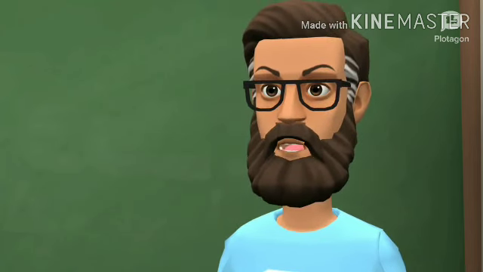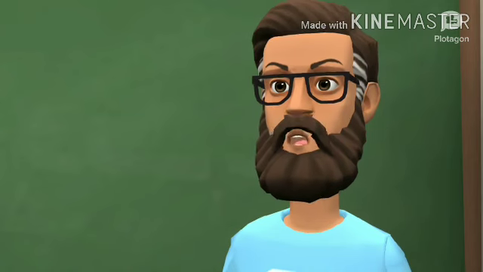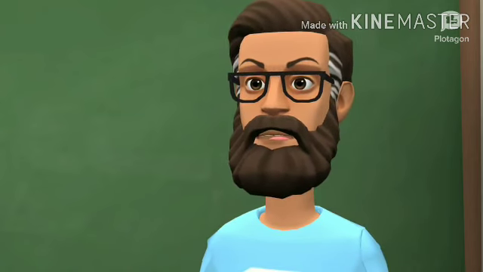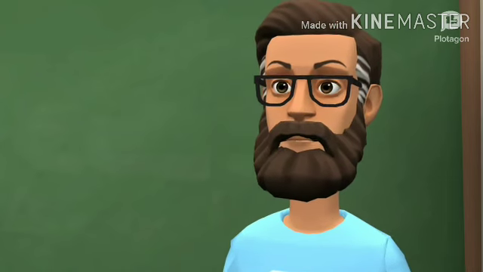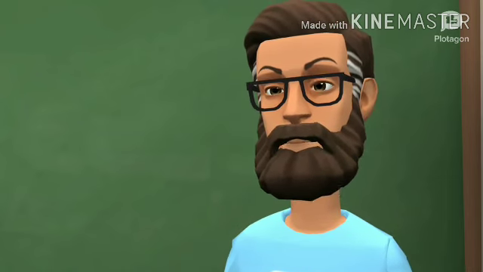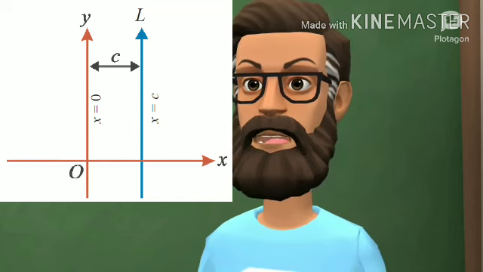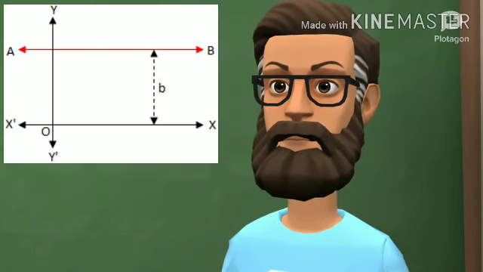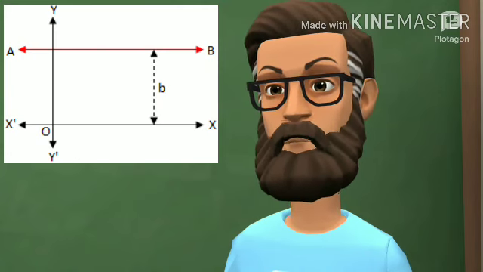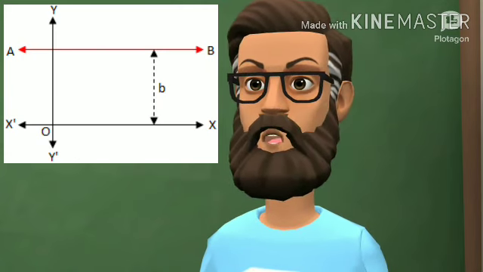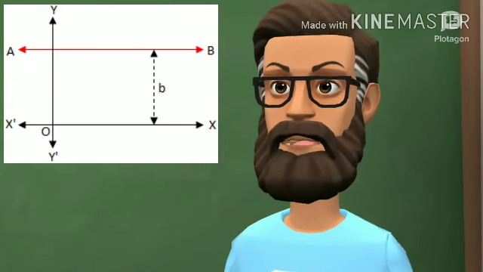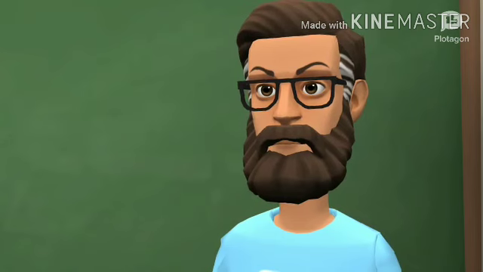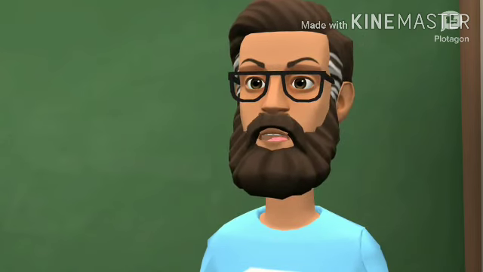So from the above discussion, we can conclude that if a linear equation has only x, then its graph is a line parallel to the y-axis. Similarly, if a linear equation has only y, its graph is parallel to the x-axis. I hope you all understood the concept.